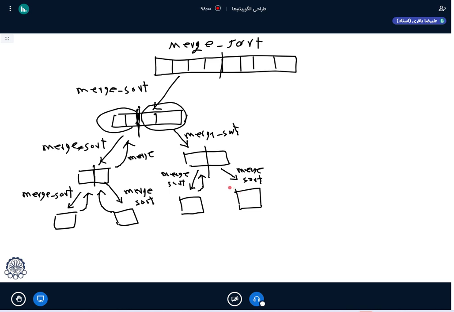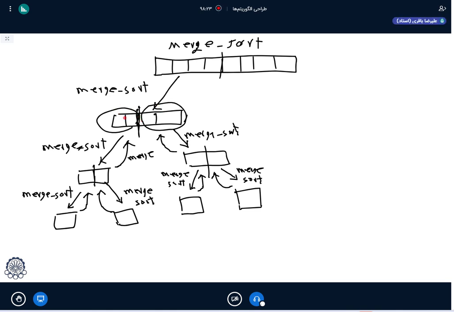So the stop condition is satisfied, and we return back to its parent. Okay, in the parent, two function calls have been done, and we should merge, and after merge we return back. So we merge them and return back to its parent.